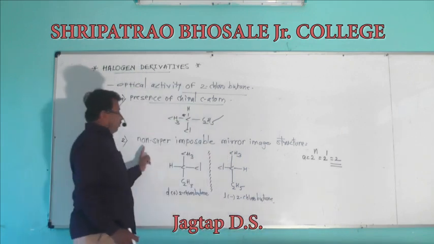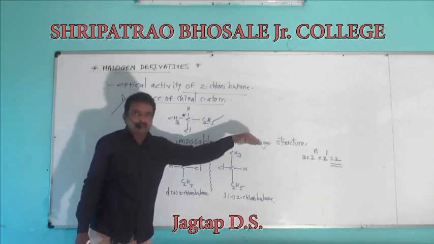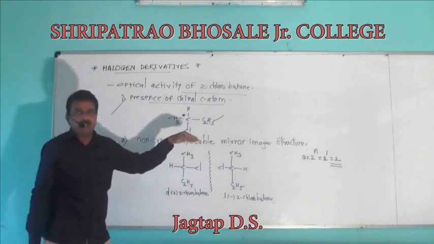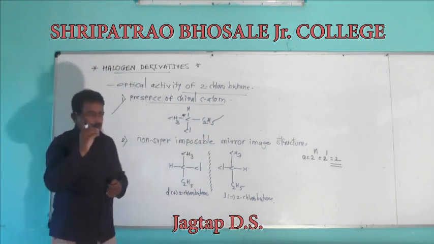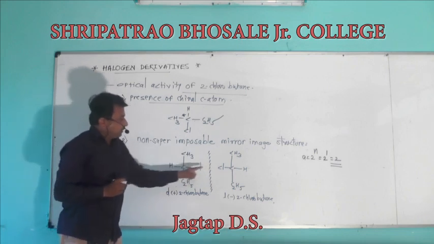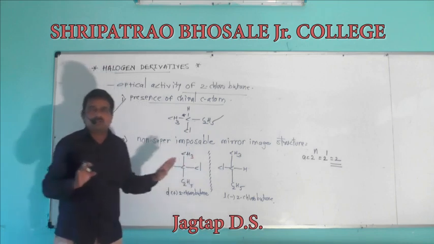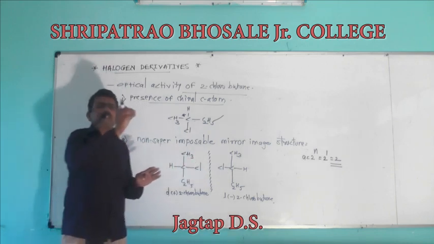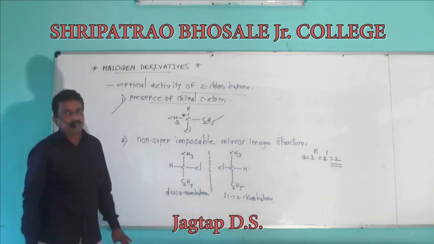So in the second point, as 2-chlorobutane contains only one chiral carbon atom, it shows two optical isomers, with the same molecular formula and structural formula, but non-superimposable mirror image structures and opposite action on plane polarized light.